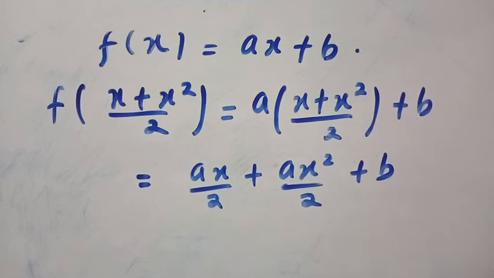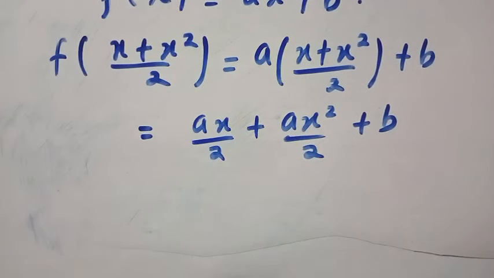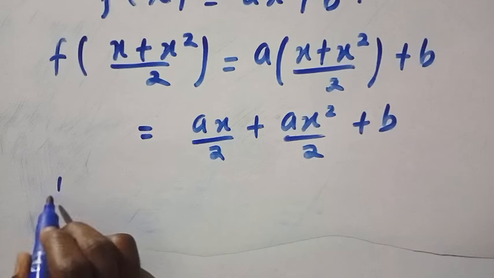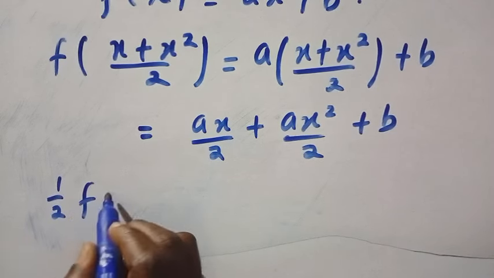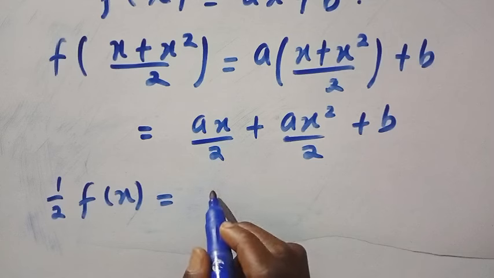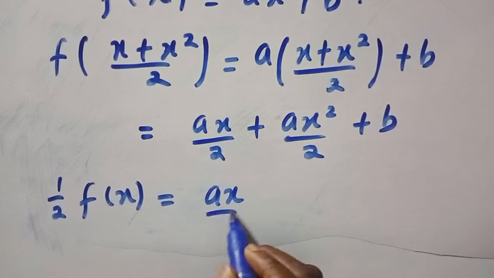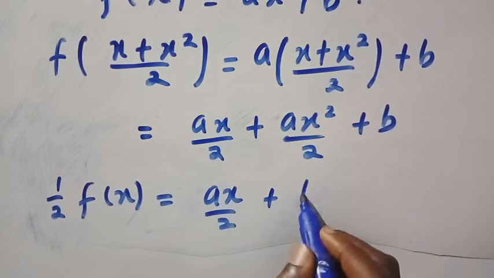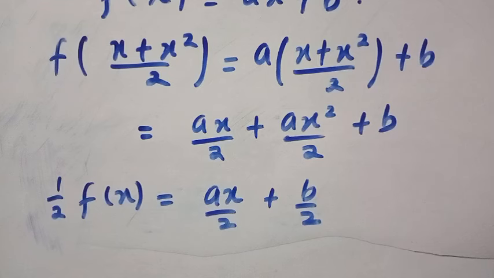Again, we consider the right hand side as well, which is 1 over 2 f of x. So for 1 over 2 f of x, we have ax over 2 plus b divided by 2.